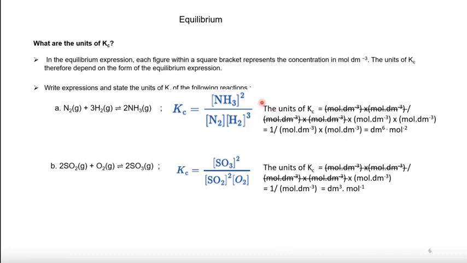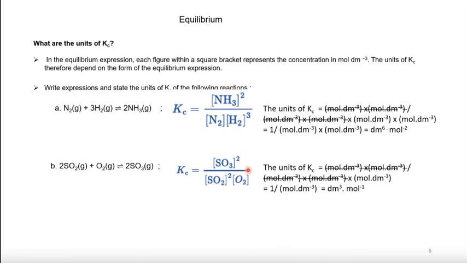We know that concentration is expressed in mole per dm cube, so here we have mole per dm cube squared, and then mole per dm cube, and then mole per dm cube cubed. If we cancel it out, we find for this reaction the unit of equilibrium constant is dm to the power 6 per mole squared.